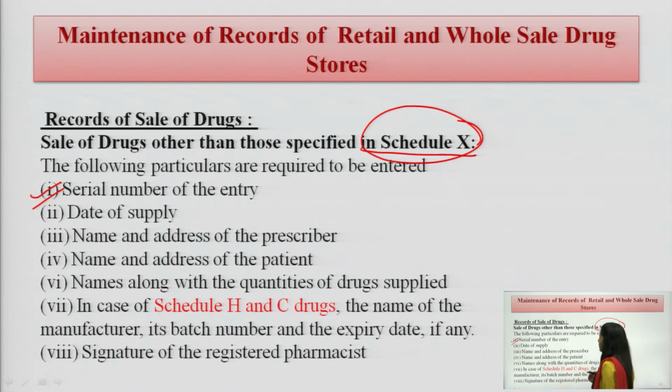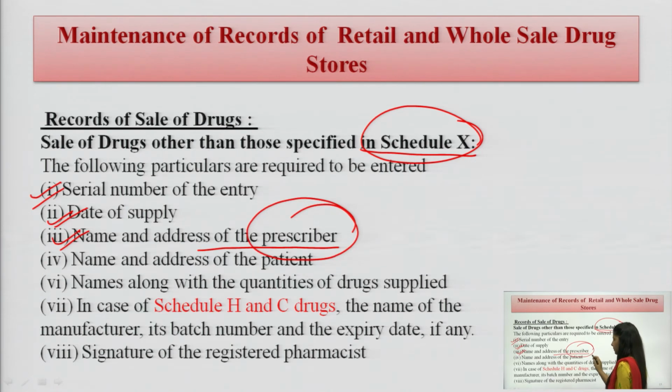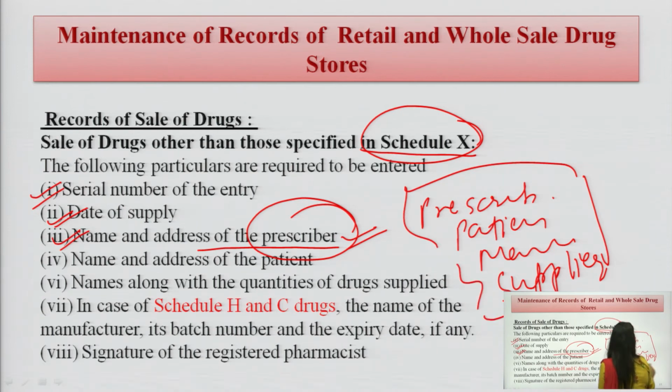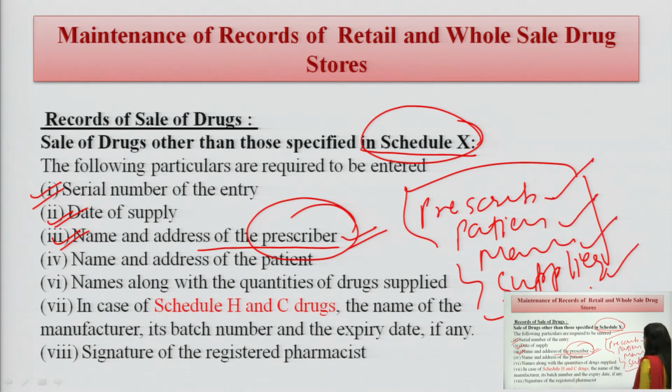Point number 1, serial number of the entry, date of the supply, they are quite similar to the previous. Name and address of the prescriber. This is very important, that prescriber information, patient information, manufacturer information, supplier information. This is very important to take. Why? If any reactions happen, we can take the information from any of these sources.